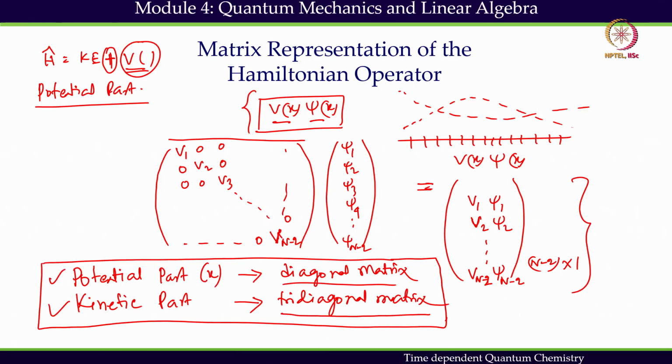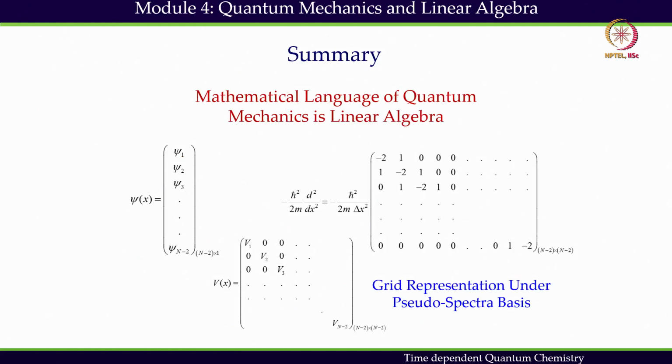With this we have come to the end of this module, where we have discussed quantum mechanics and the connection between quantum mechanics and linear algebra. We have shown different linear algebra terminologies, and also the analytical approach using matrix algebra to represent different operators.